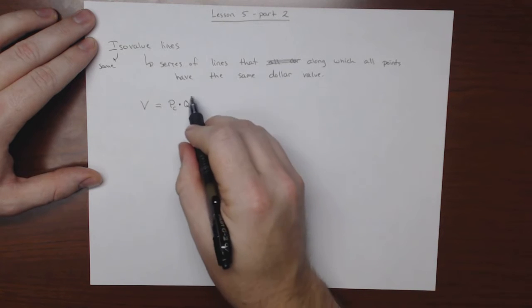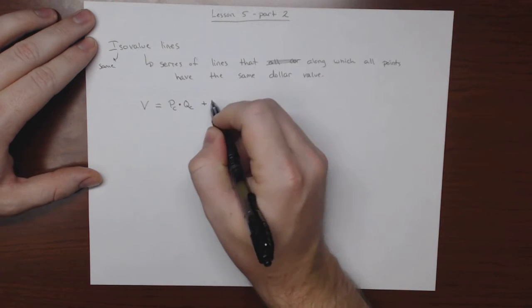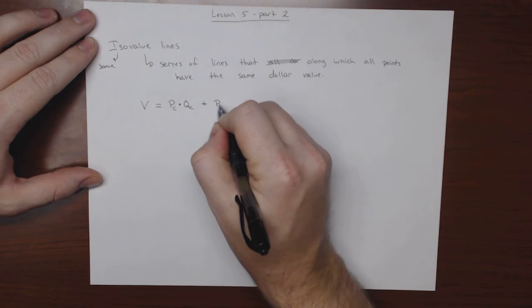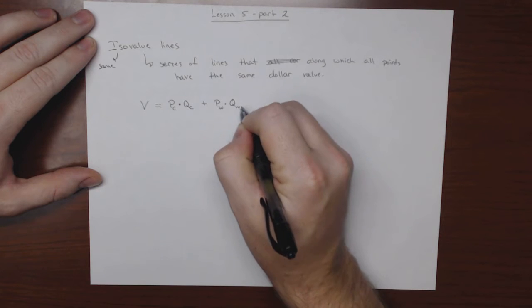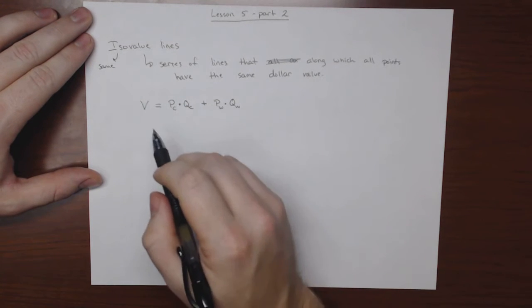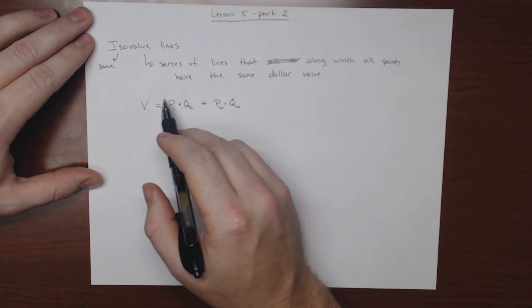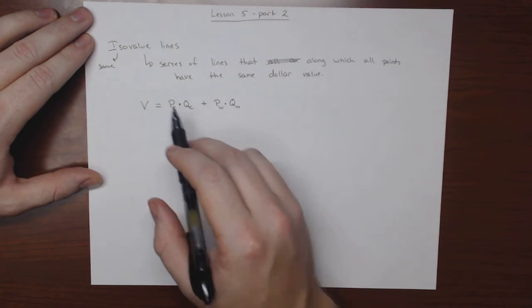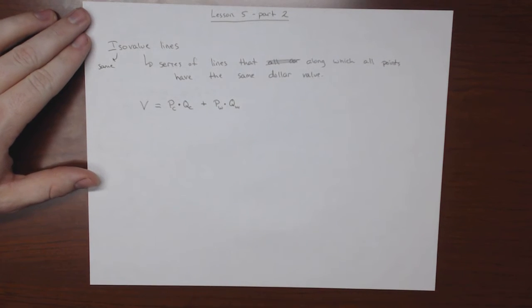So this will give us the total value of the cheese that is produced, and we're going to add the price of wine times the amount of wine that was produced. Okay, so the total value of the country's production of cheese and wine is equal to the total value of the cheese produced plus the total value of the wine that was produced.